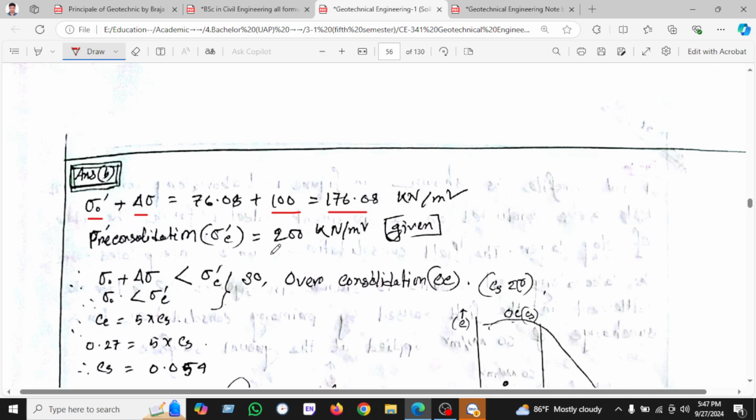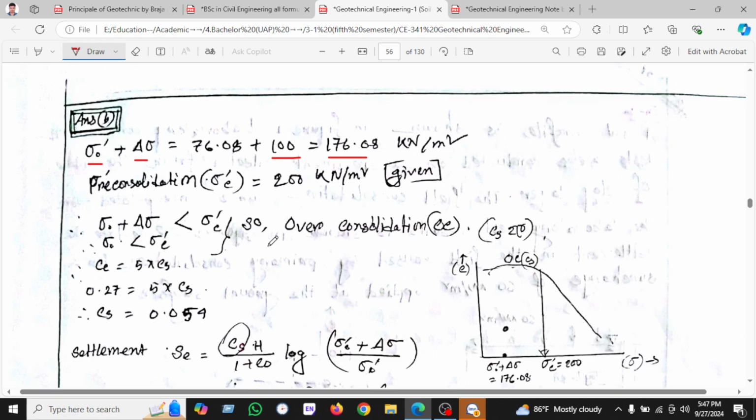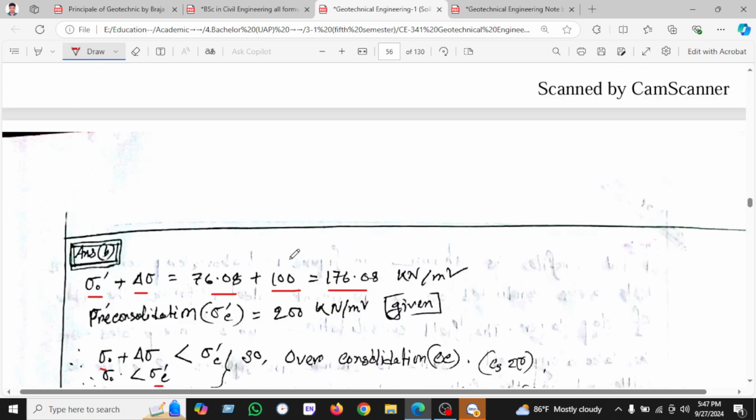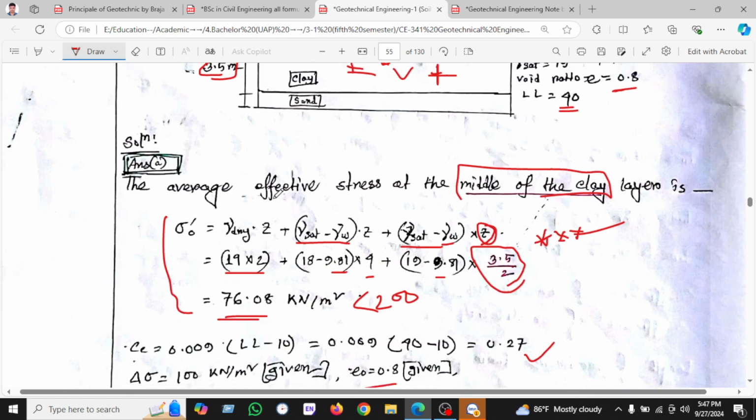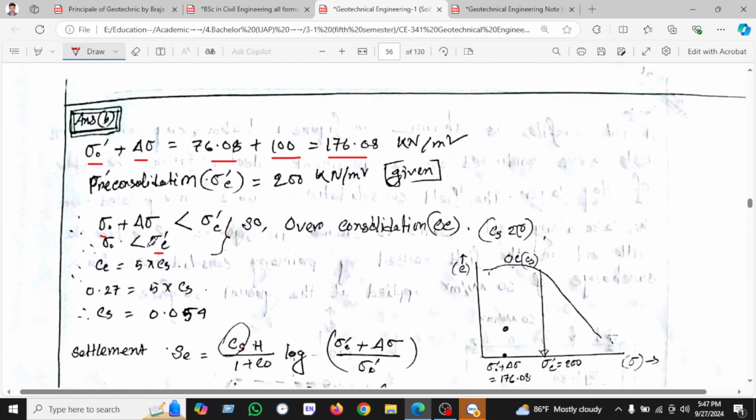So we have seen here that sigma naught is 76, which is less than sigma c, which is given as 200. And sigma naught plus delta sigma, which is 176, is also less than 200. So we can say this is over consolidation, OC.